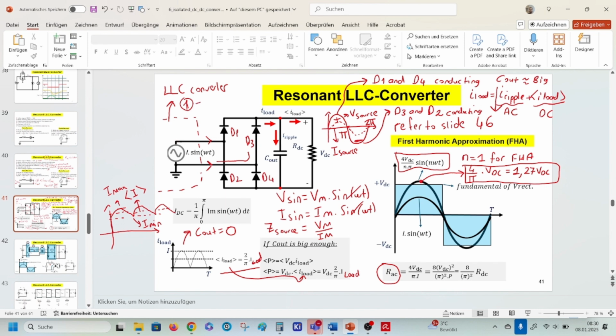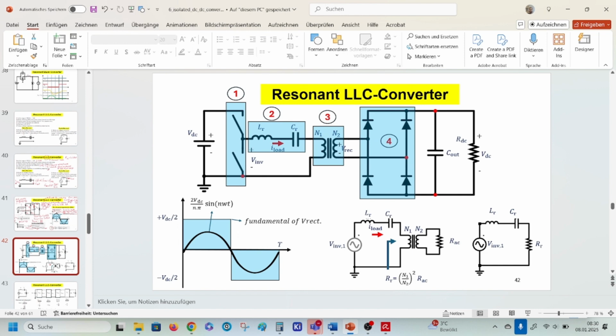One, three. And now I will use, instead of the fourth stage, a unique resistance.